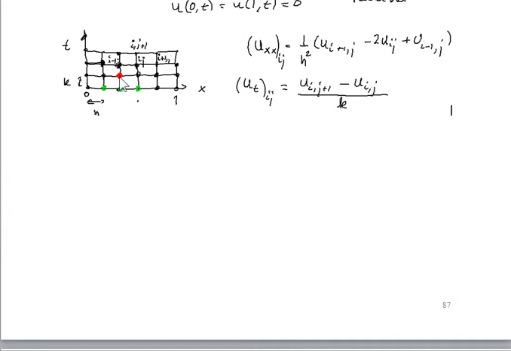So, for example, if we are going to compute the value of the temperature in this point, we use these 3 points as basis, and by the discretization equation we find this value. If I want to find the value at this point, we just use these 3 points and use the discretization equation and find the value in this point. If I want to find the value in this point, I can use these 3 values.